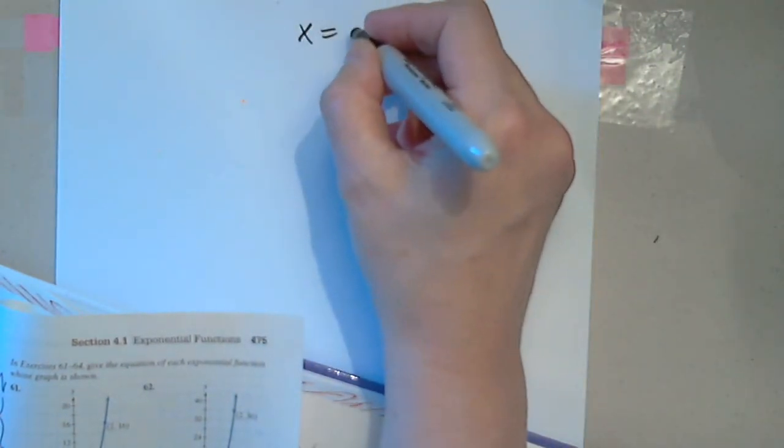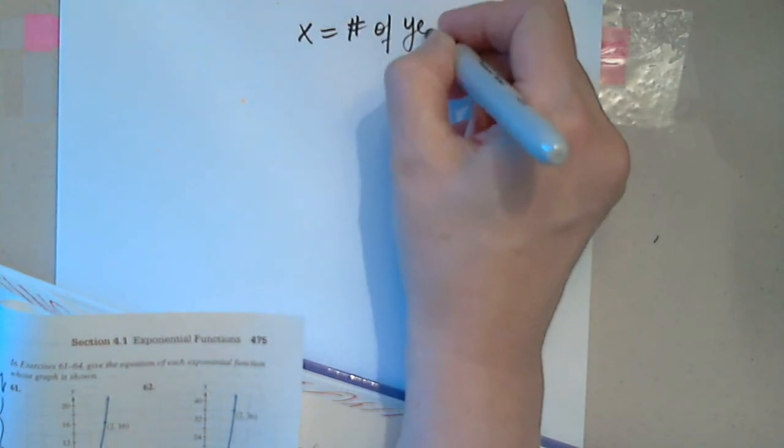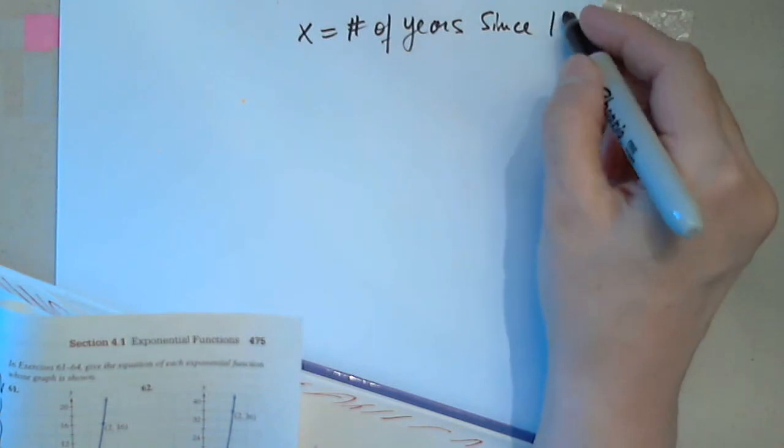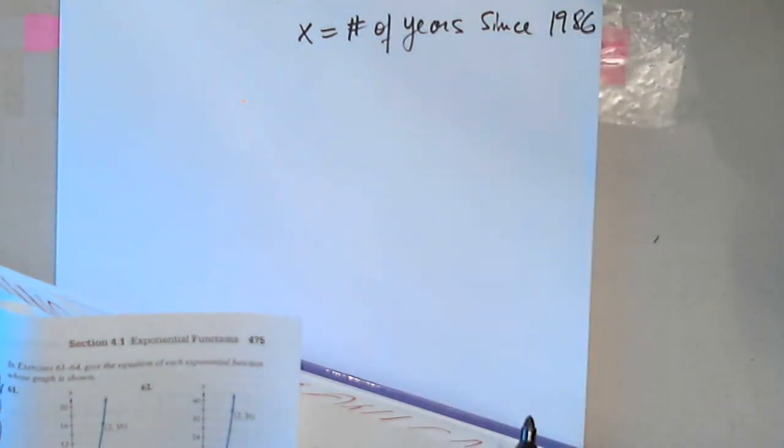X is the number of years since 1986, and they say even 100 kilograms of cesium-137, if they remain in the atmosphere, the area is considered unsafe for human habitation.